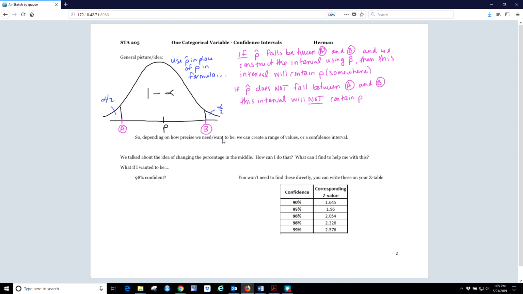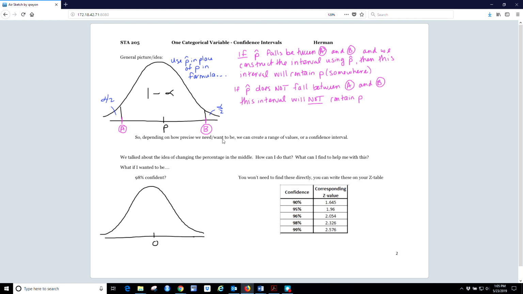So let's first understand what this picture would look like if I were going to be 98% confident, so not a number we've already seen before. So taking this general picture and deciding what it would look like for this specific problem. When I'm calculating my z, remember z is always centered at 0.